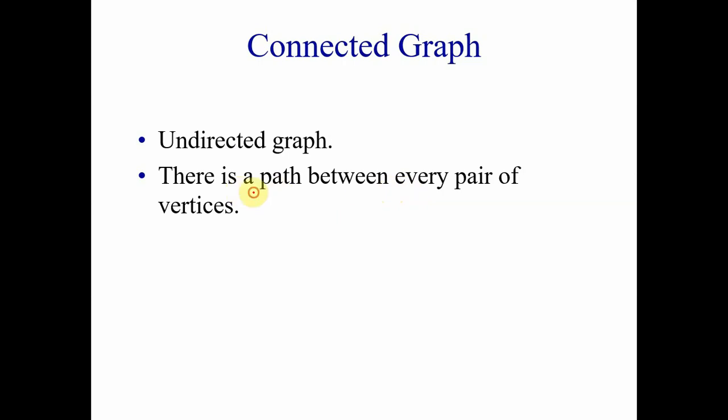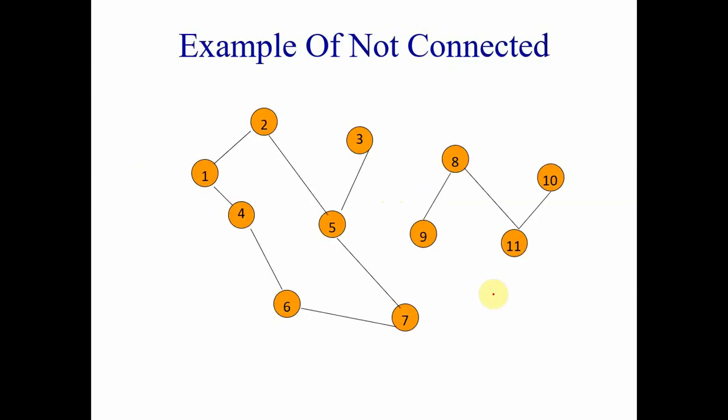Remember, we are talking about a path. It is not the edge. Let me give you an example. For this one, it is not connected because, as mentioned previously, 2 cannot go to 9. There is no path at all, so it is not connected.